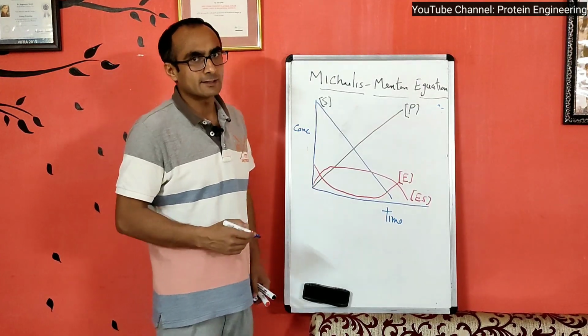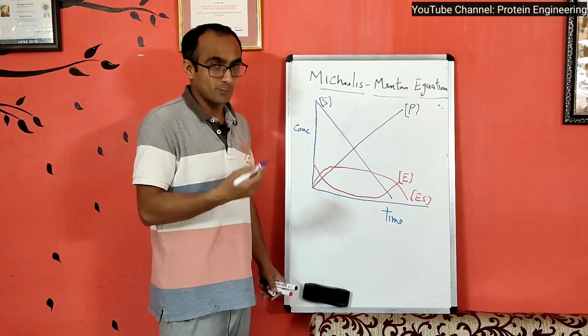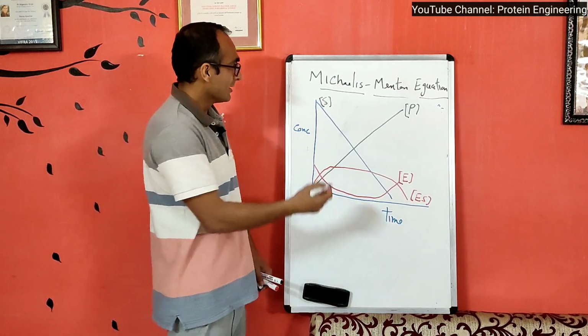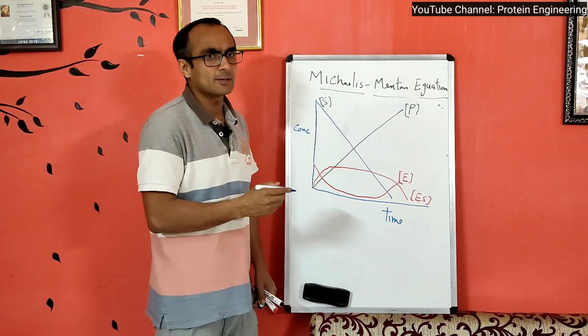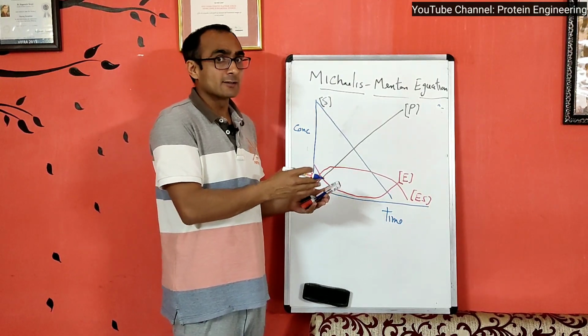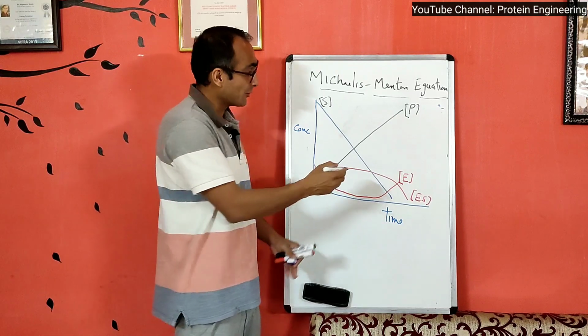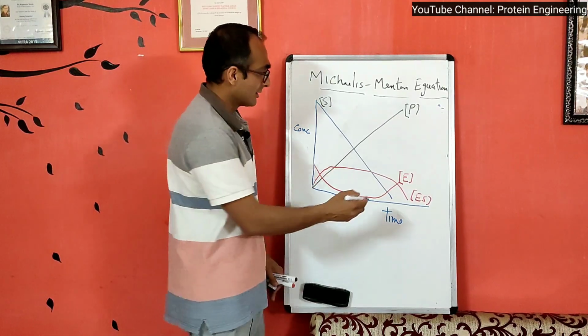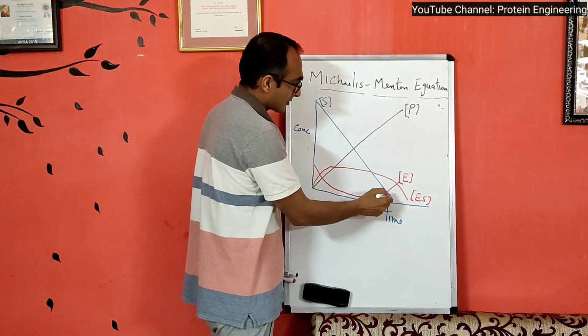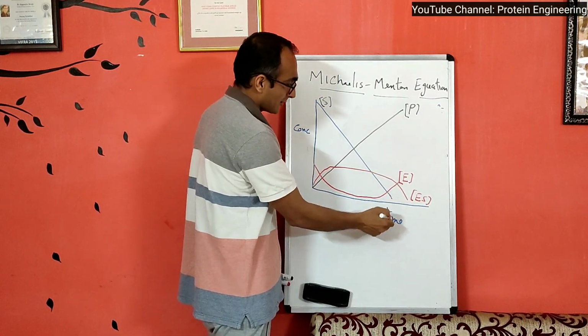Now let's look at how the concentration of different components of an enzyme catalyzed reaction changes with respect to time. For example, substrate: initially substrate concentration is high, so when the enzyme starts functioning, substrate goes down. So substrate is always decreasing in the reaction mixture. This graph shows substrate concentration going down with respect to time.